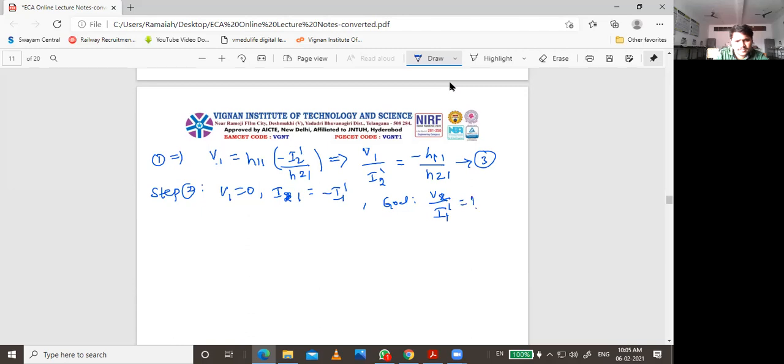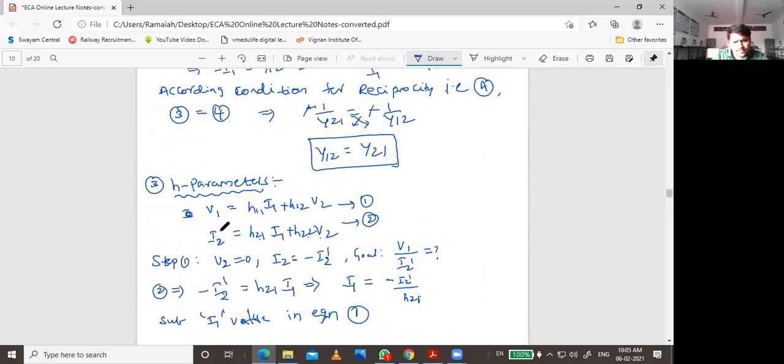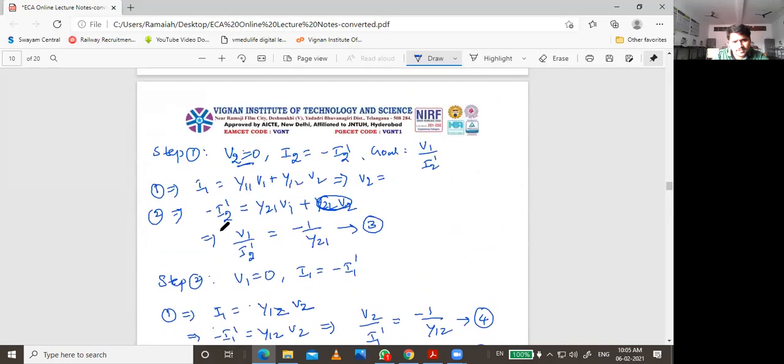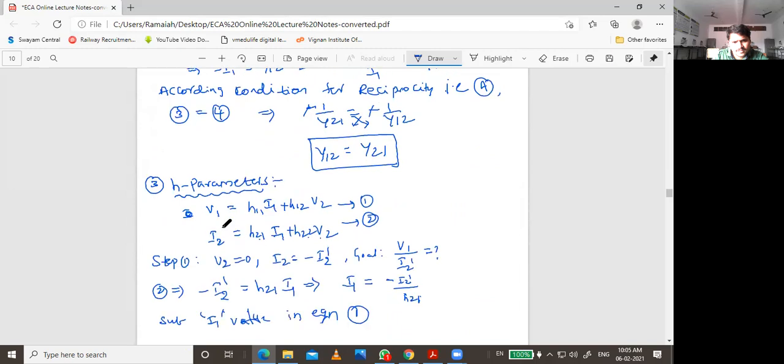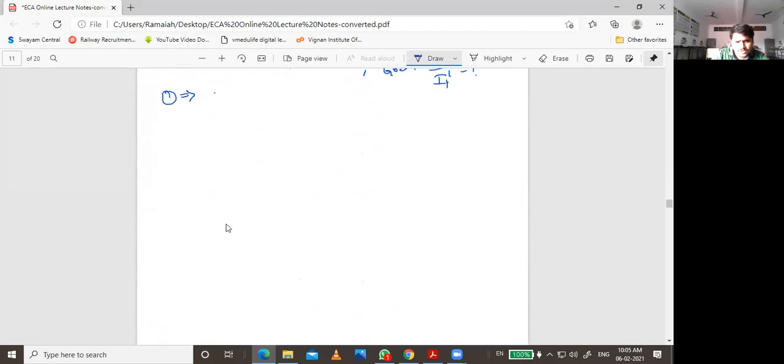From equation 1, V1 equal to H11 I1 plus H12 V2.